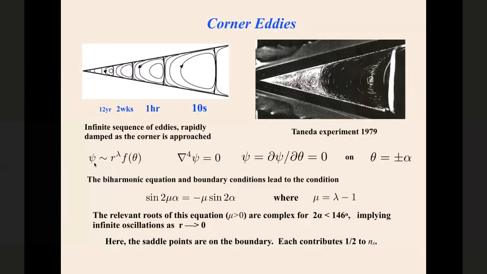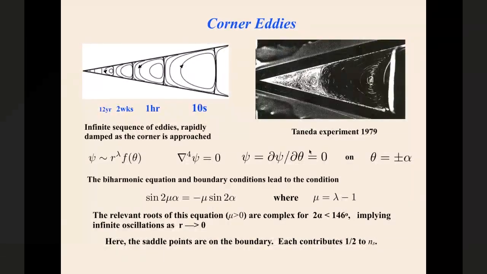That solution has the form, again, of a stream function, r to the power lambda times a function of theta in plane polar coordinates, satisfying the biharmonic equation in the Stokes approximation, very viscous flow, which is always valid very near a sharp corner, and with no-slip boundary conditions on the two boundaries, theta equals alpha, theta equals minus alpha.